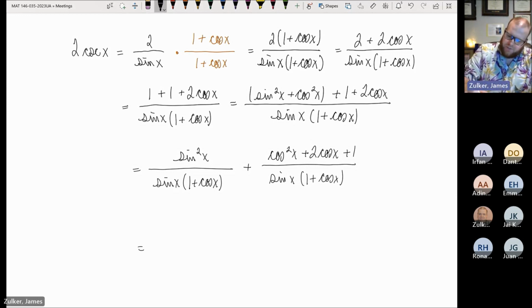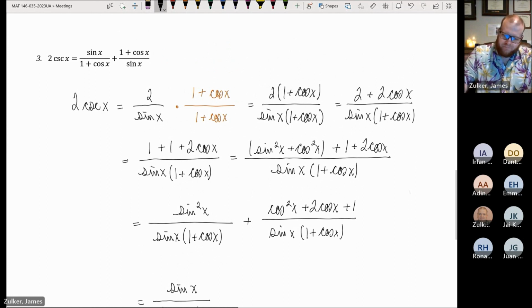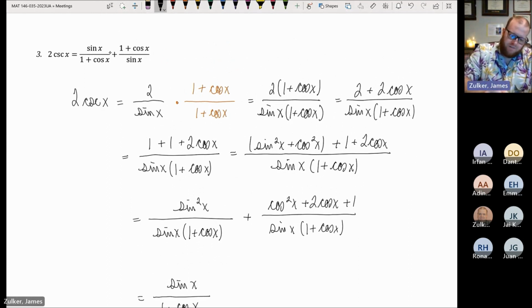Well, looky here, this first term is going to be a sine common in both numerator and denominator. We can write that as sine over 1 plus cosine. Which, look, is one of the terms we wanted.